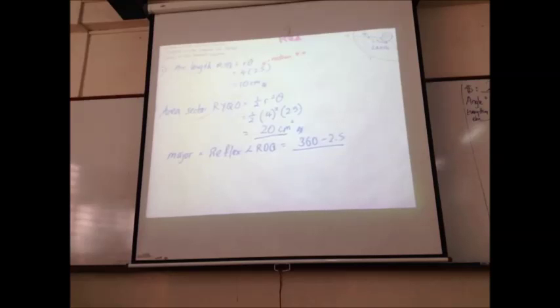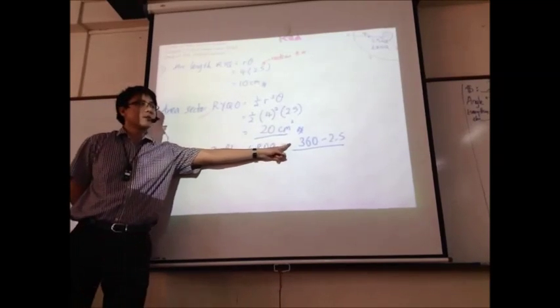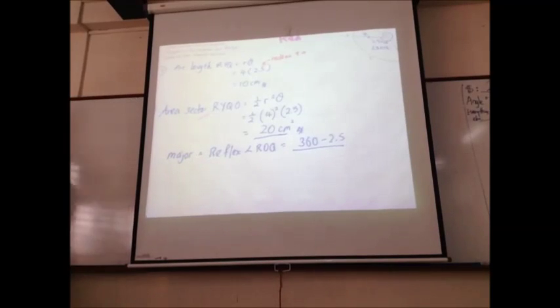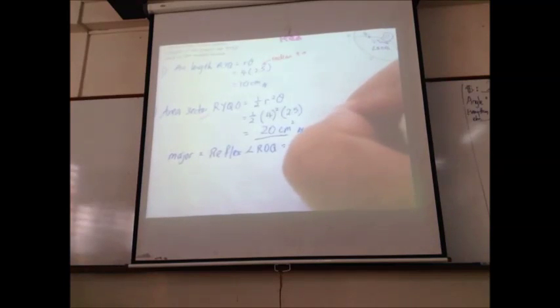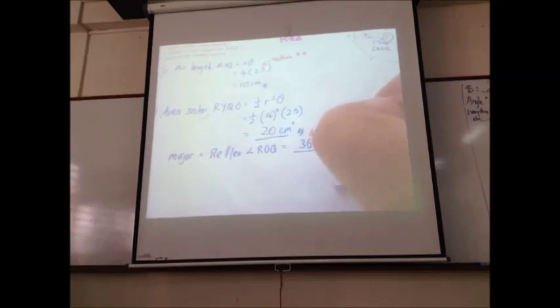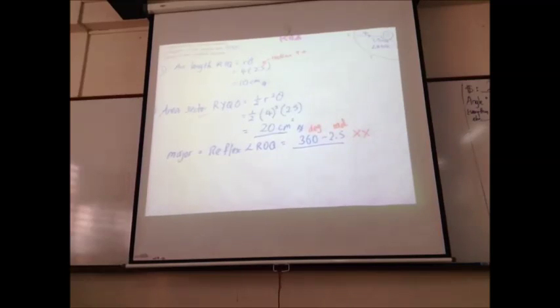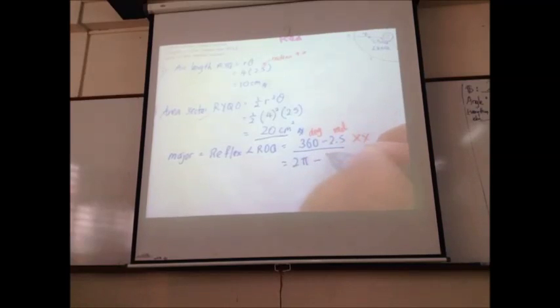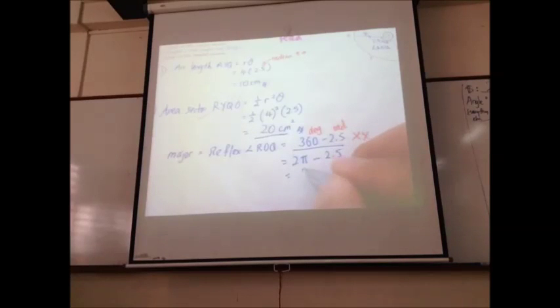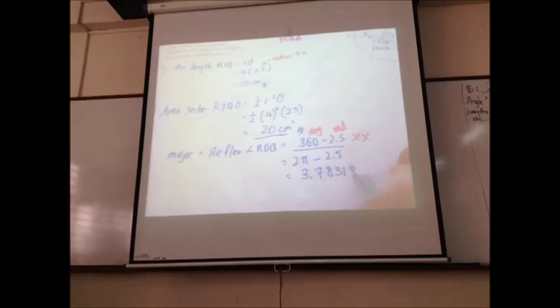Once you write this, it's wrong, because it's a different unit. This is in degree, this is in radian. You cannot take degree minus radian. So I must write down 2 pi minus 2.5. Now what's the answer? 3.78318.